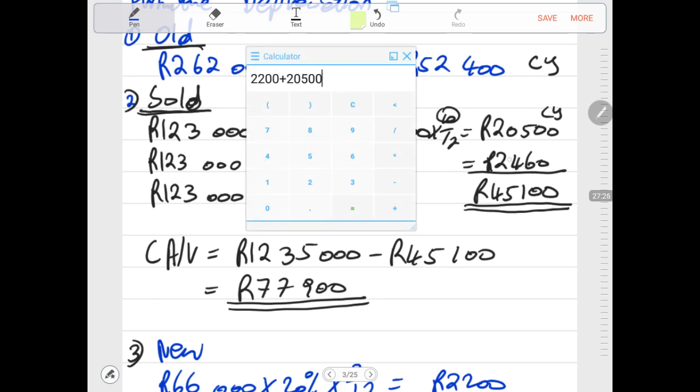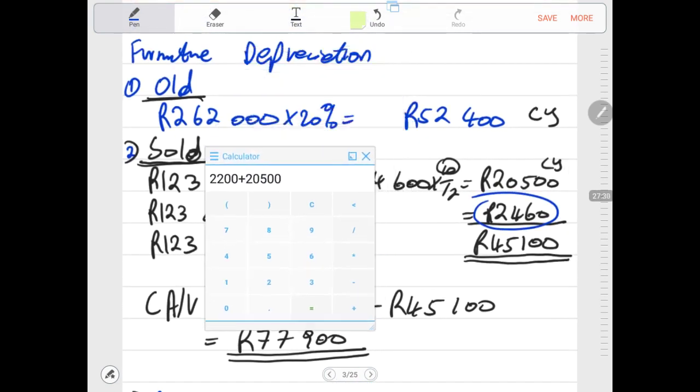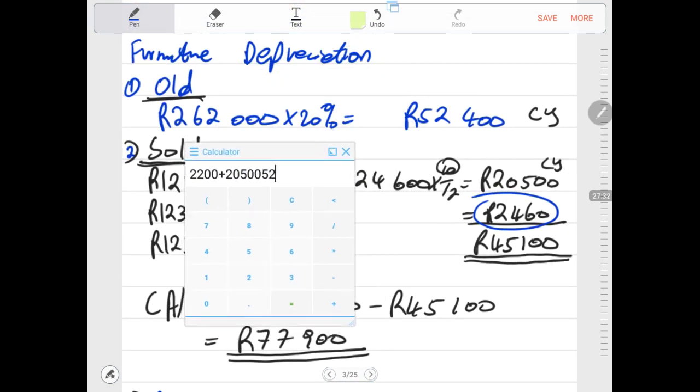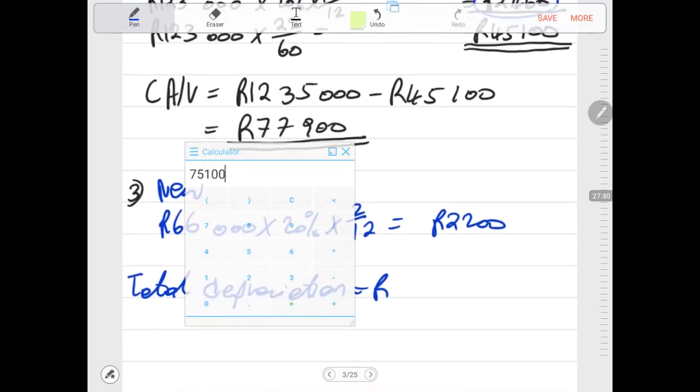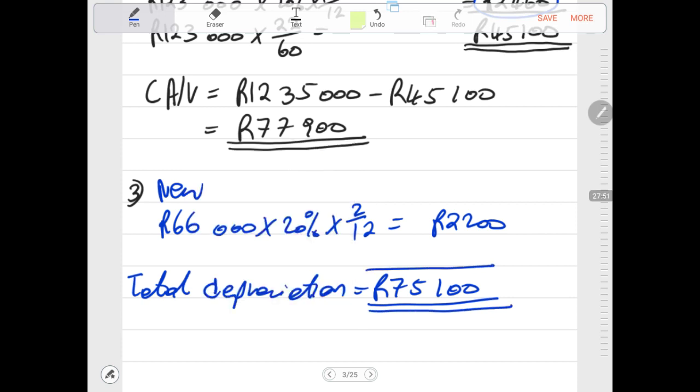Remember, only the current year, this 24,000 is for the previous year. Then we also add 52,400, which is the old one. This becomes 75,100. This is our total depreciation for the finishers during the current year.